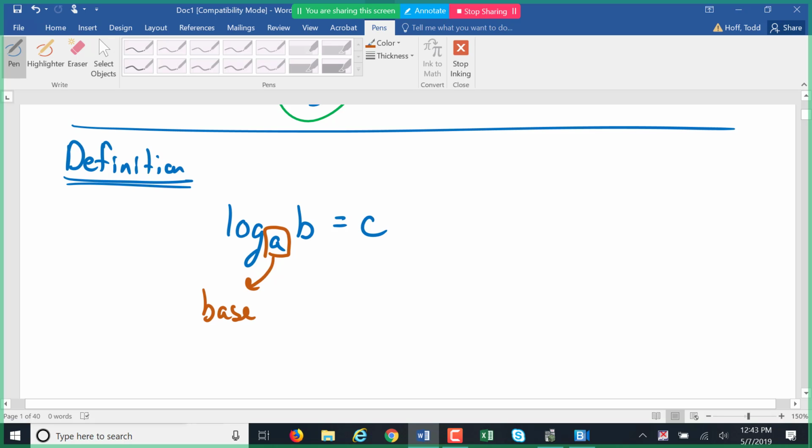That is significant. Remember when we had an exponent, we had x to the power of y, x was called the base of the exponent. Y was called the power. They're both called the base for a very good reason, because they have a very close link.